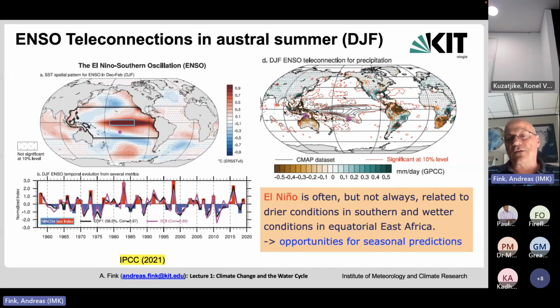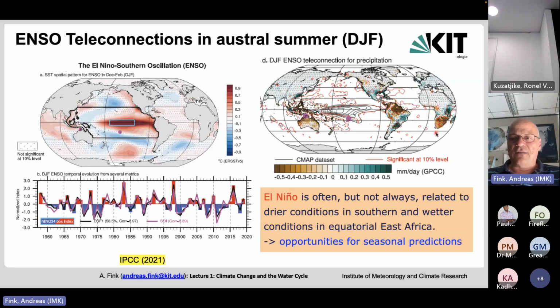When you go here to the teleconnections, in terms of rainfall, you see, first of all, regions where it's wetter and where it's drier. But you have to take care here of the red lines, which indicate a significant correlation at the 10% level. And what you see here is exactly what you might know in that region.